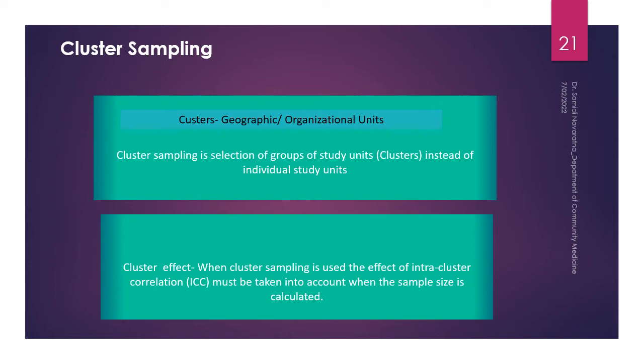Your knowledge in medicine or health related practices will be more than your peers, and maybe your behavior, maybe your attitude. So everything will be different from the rest of your peers in the community. So this is known as the intra-cluster correlation, and we have to take this into account when the sample size is calculated.